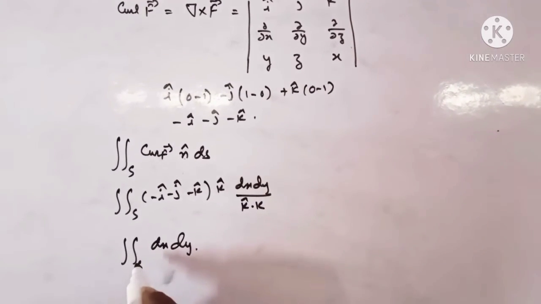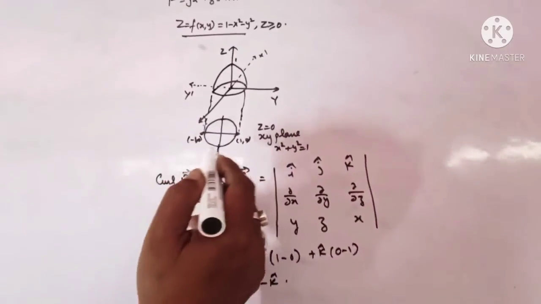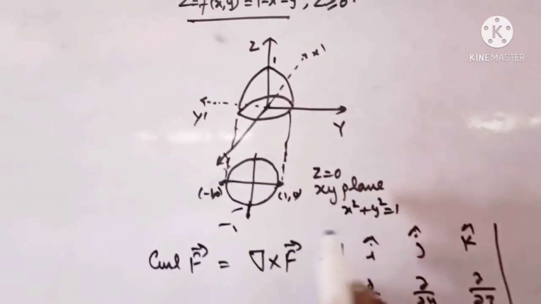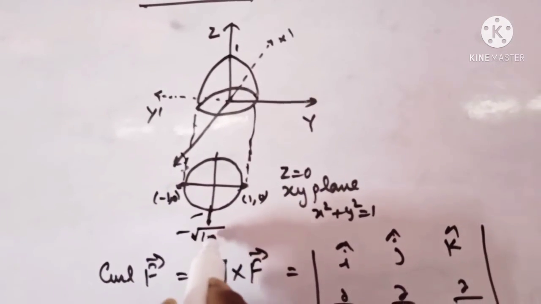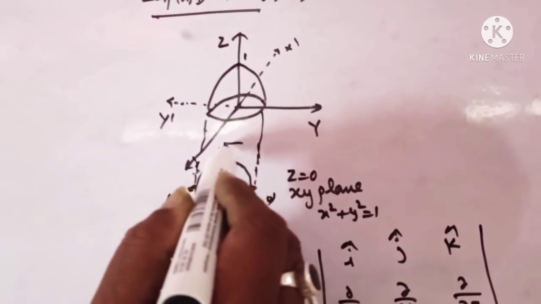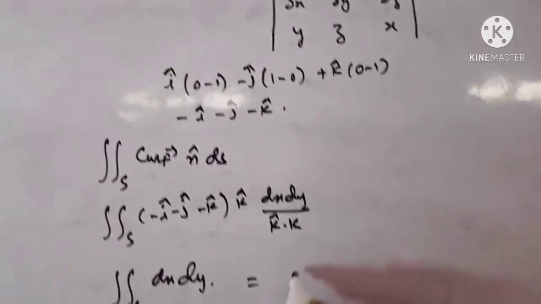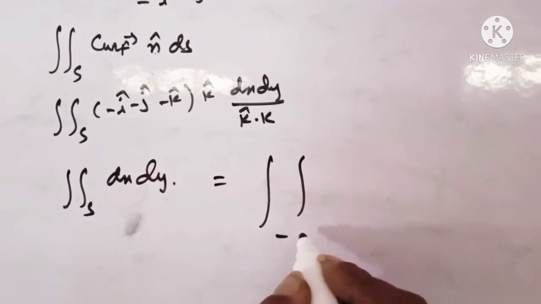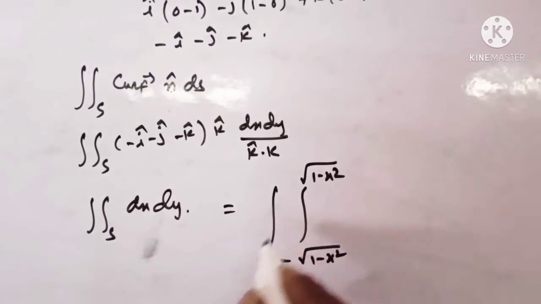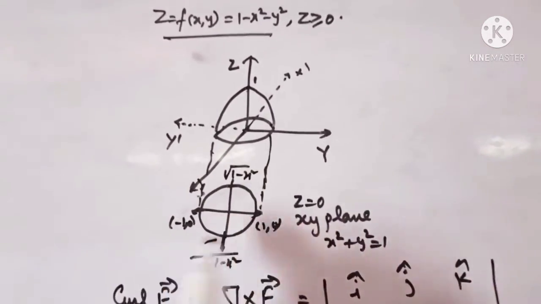Now the limits. The limit of y will be from minus root 1 minus x square to root 1 minus x square, and along the x-axis it will go from minus 1 to 1.